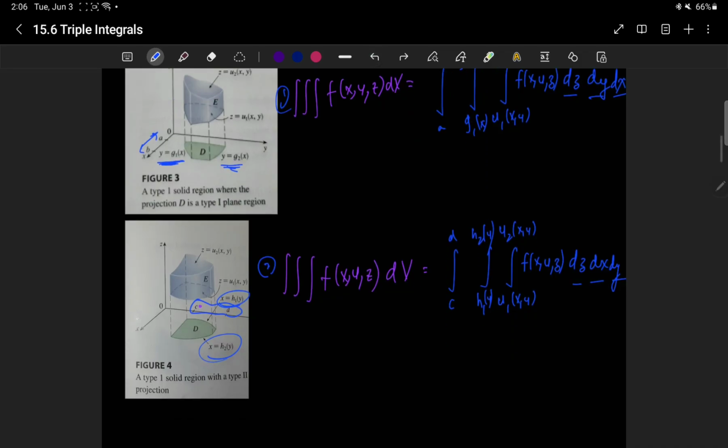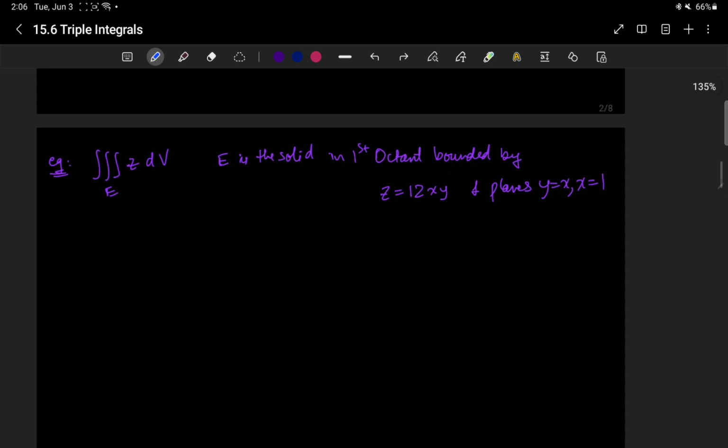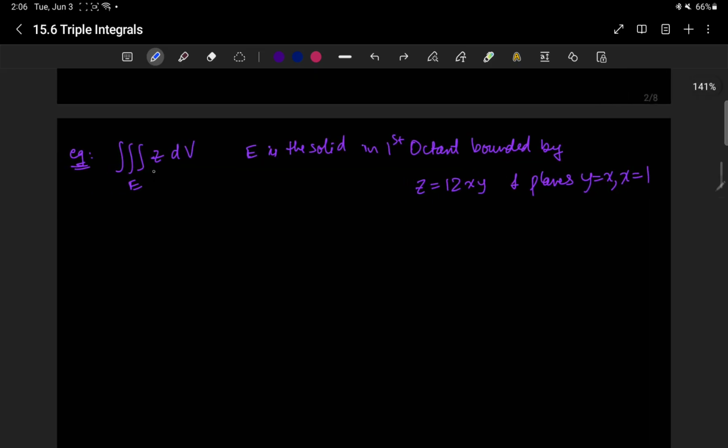First, let's look at an example of how to use this. We're trying to find this triple integral over the region E, where E is the solid in the first octant bounded by z equals 12xy and the planes y equals x, x equals 1. Hopefully from Calc 3 you remember how to work with three-dimensional space. We don't use quadrant anymore, we use octant because there are 8 possible regions. Look around you: the room you're in is one octant.